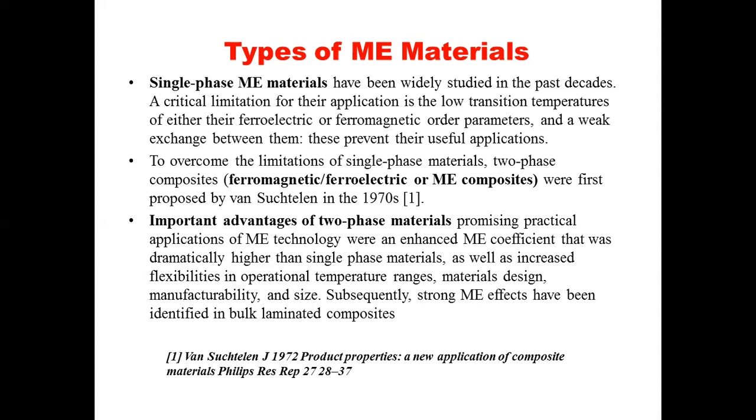And the working temperature or transition temperature is also very high. It is beyond room temperature, even beyond 100 degrees centigrade, 200 degrees centigrade. That kind of composite materials are available.